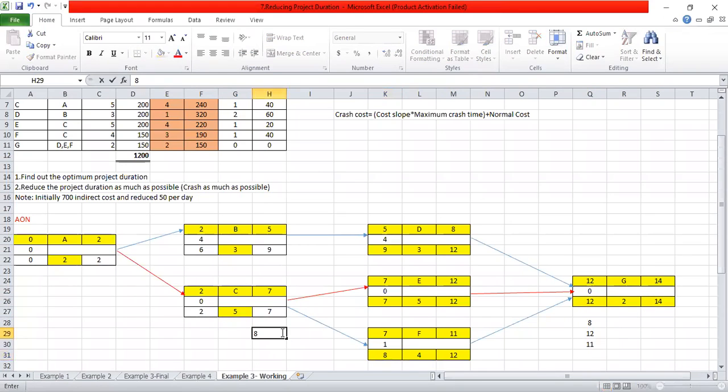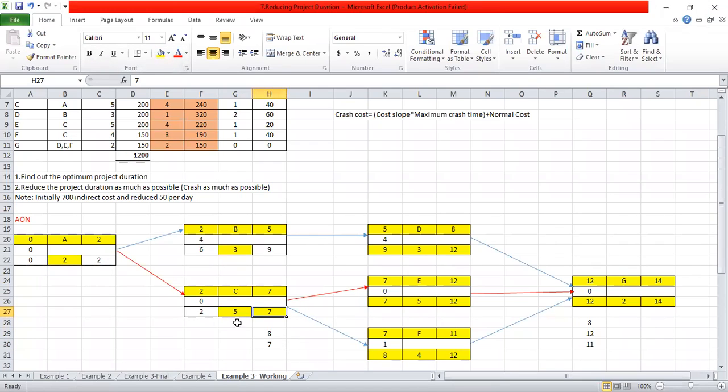There are 2 values here, 8 and 7. So what is the value you are going to take here? Very good. You have to take the lowest value, 7. So you have to take the lowest value when you are doing the backward pass calculation.